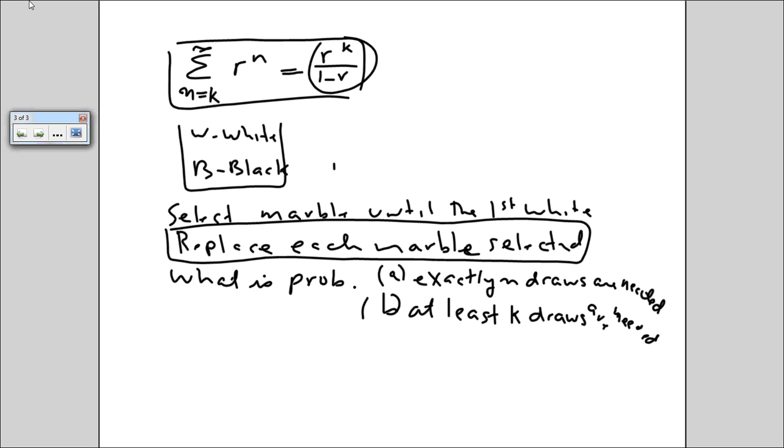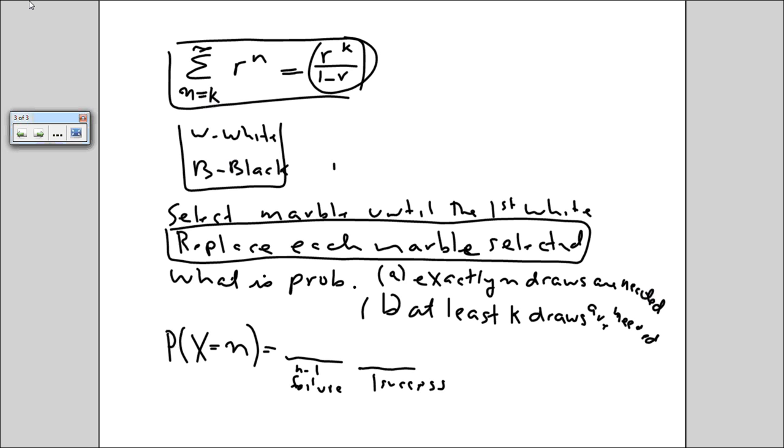Okay, now, what is it? So let X equal the number of draws needed. The probability that the random variable X, the number of draws needed to get to the first white marble, suppose we want it to be N trials. That means we have N minus 1 failures, and we have 1 success.